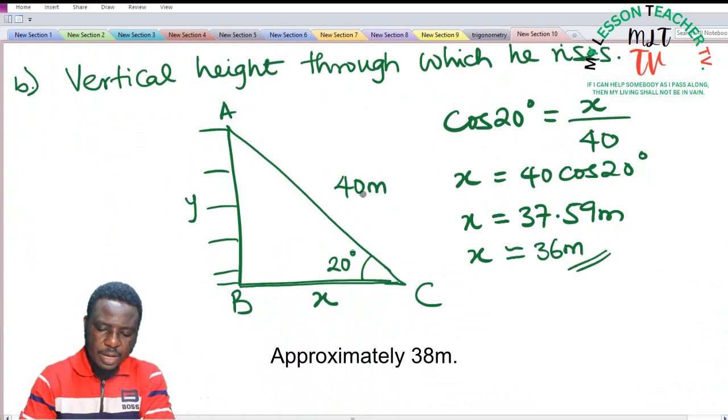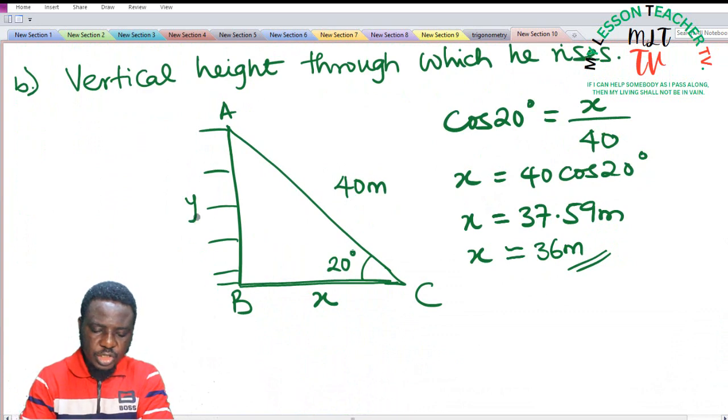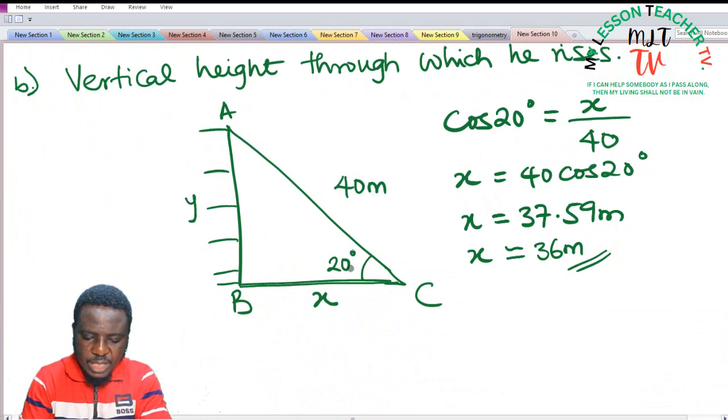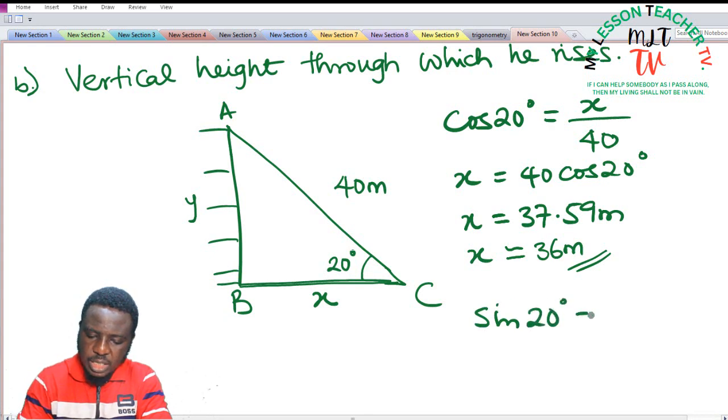For us to get Y, we shall then use the relationship between Y, 40 meters, and angle 20 degrees. And that relationship is said to be the sine. That is to say that sine 20 degrees is equal to the opposite side, which is Y, divided by the hypotenuse side, which is 40 meters.